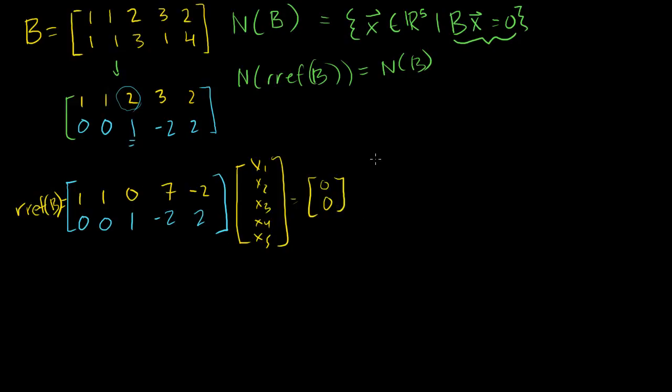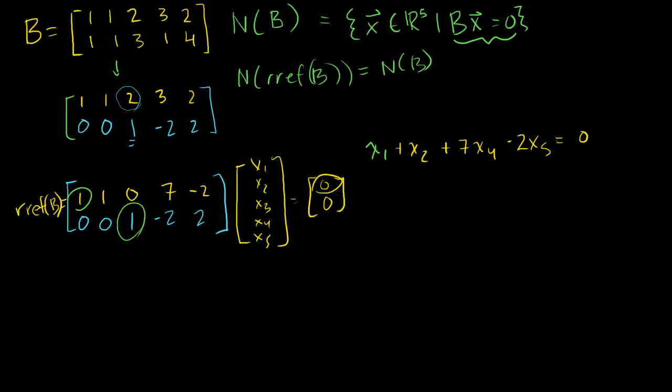Now I can just write this as a system of equations. So let me do that. I get x1. I'm going to write my pivot variables in a green color. x1 plus 1 times x2, so plus x2, plus 0 times x3, plus 7 times x4, minus 2 times x5 is equal to that 0 right there.